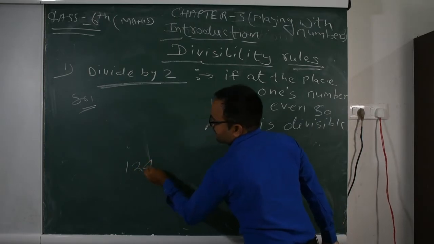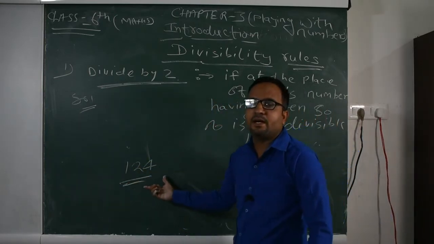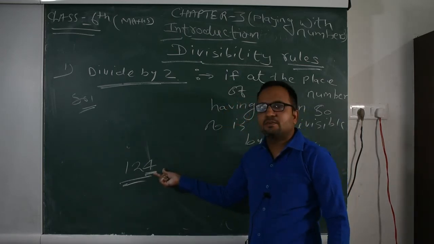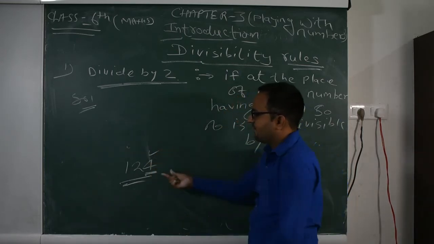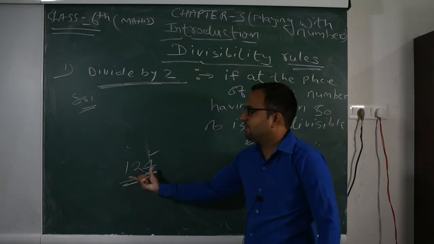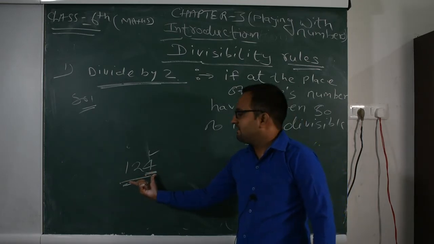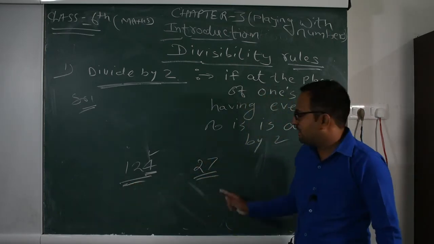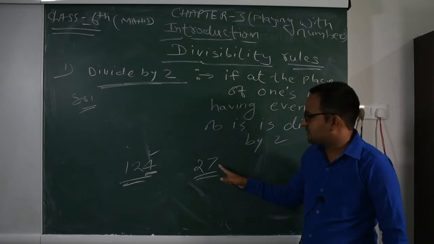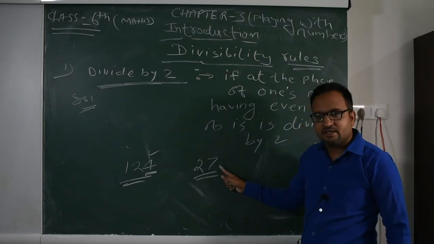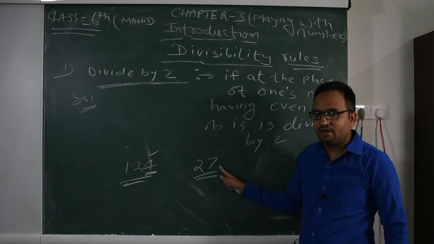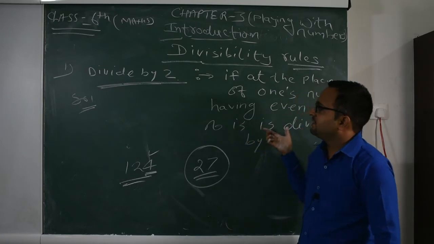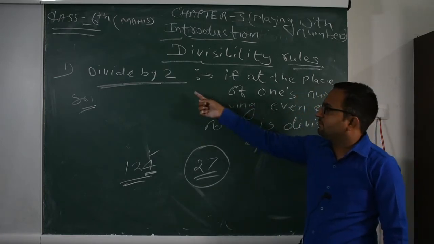So is 124 divisible by 2 or not? We check the ones place. At the ones place the value is 4, and 4 is an even number. So we call 124 divisible by 2. Now 27. We check the ones place. At the ones place the number is 7. 7 is an odd number, not an even number. So 27 is not divisible by 2. This is the divisibility rule of 2.